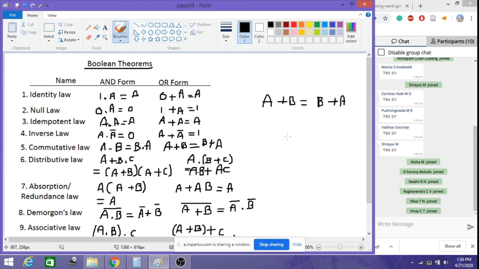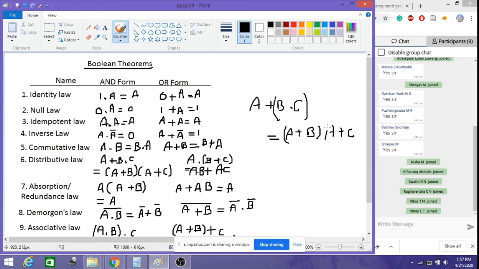Now let us look into the distributive law. The distributive law says that A plus B into C is equal to A plus B into A plus C. This is a very important property.